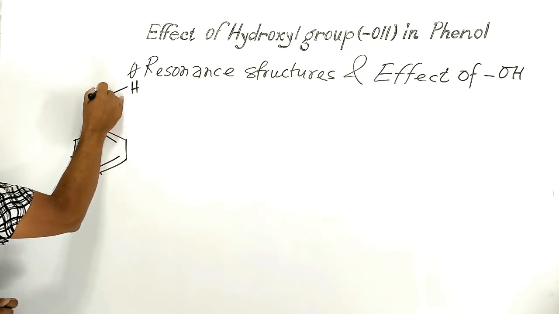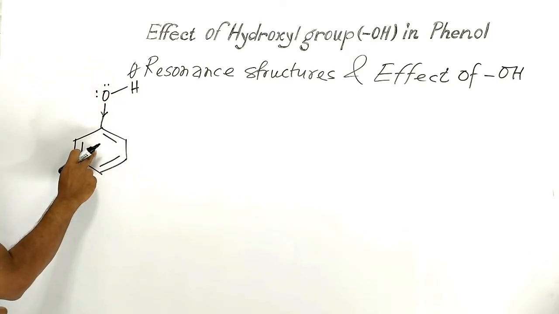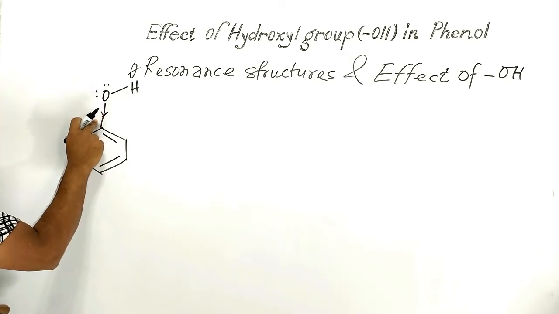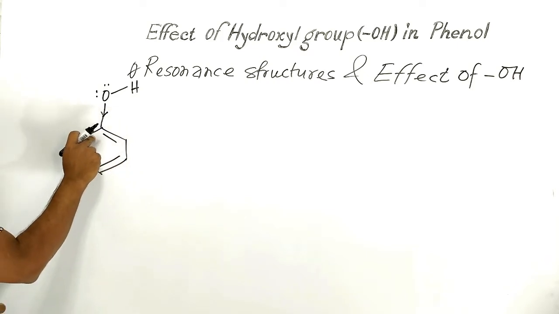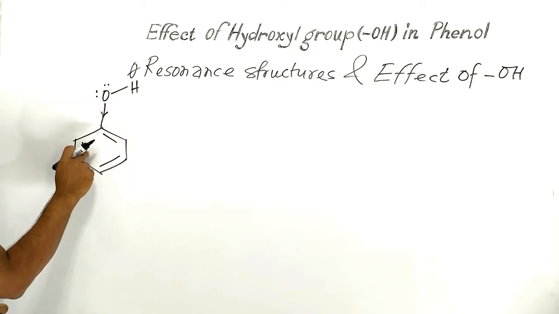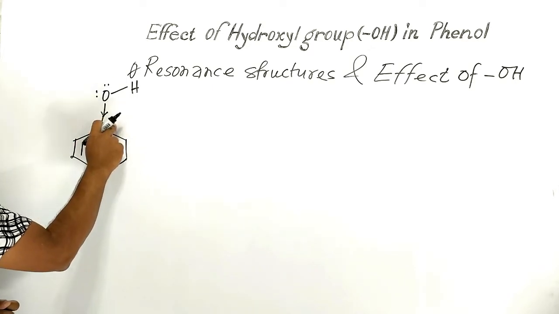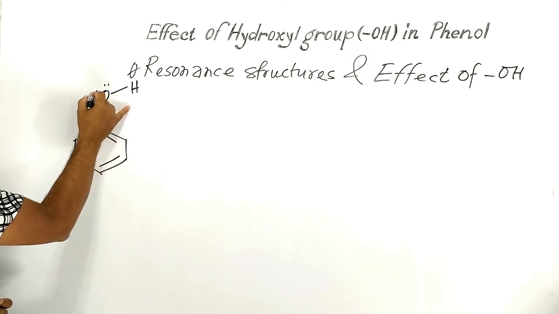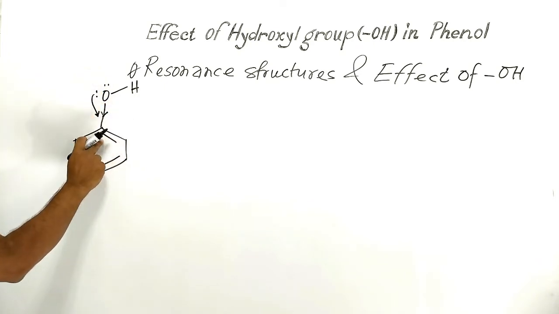Oxygen has two pair of electrons, and phenyl group is a kind of electron withdrawing group, because in phenyl group pi bonding electrons move continuously. So phenyl group achieves electron withdrawing nature, and for this nature lone pair electrons of oxygen turn into bond pair.